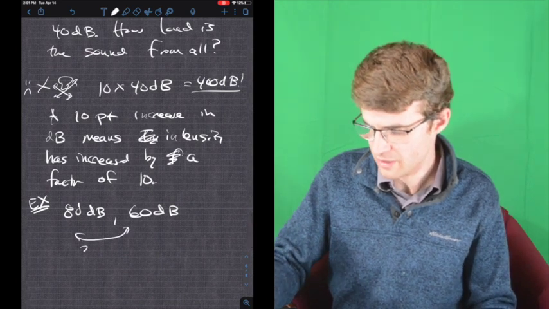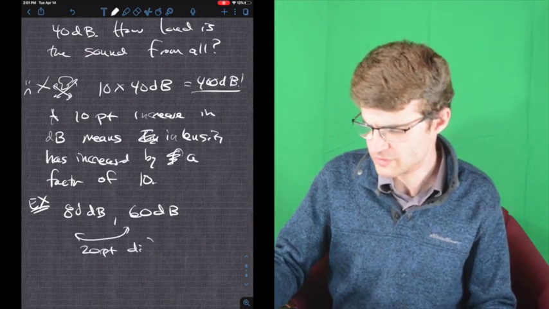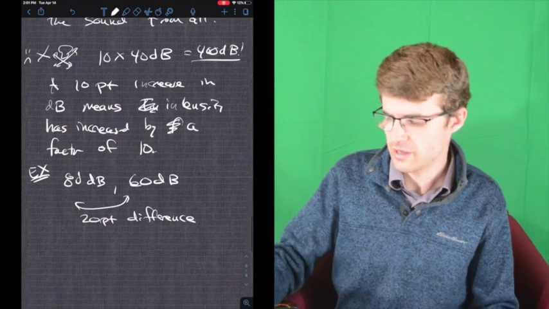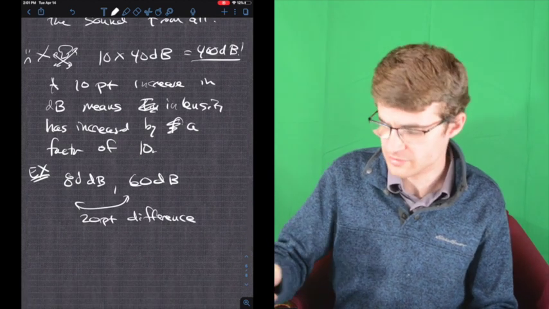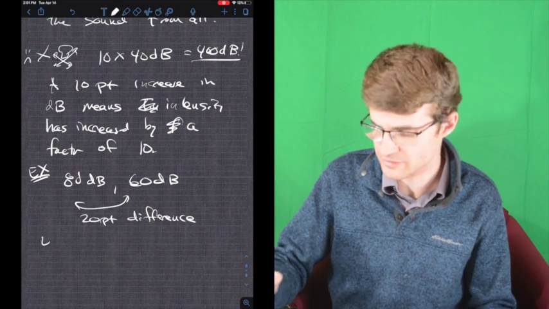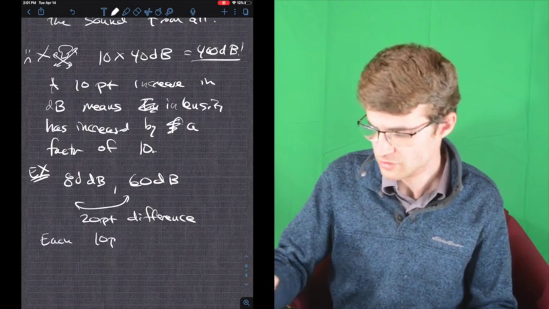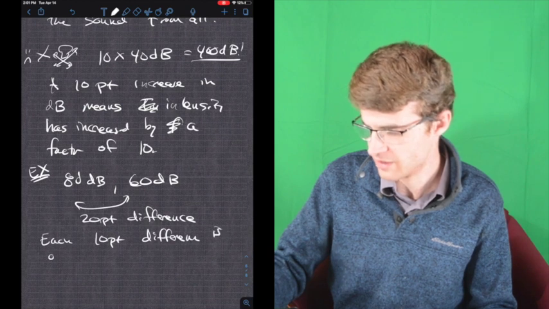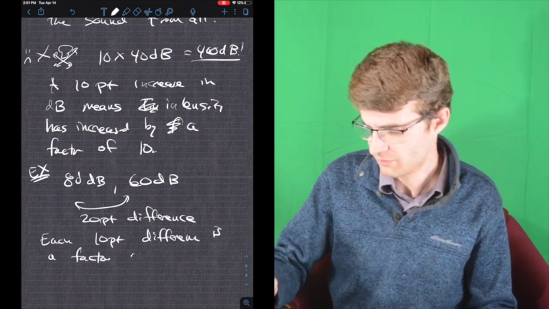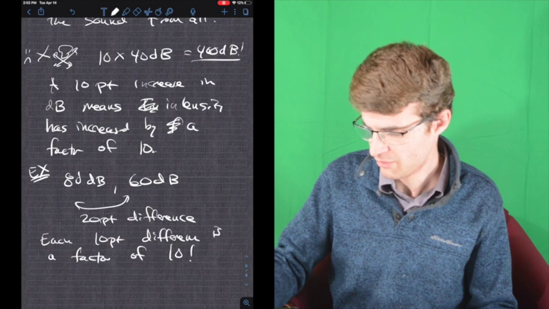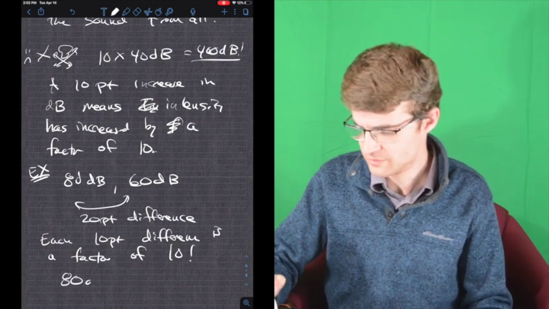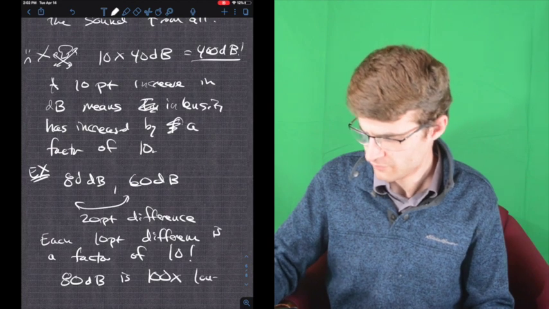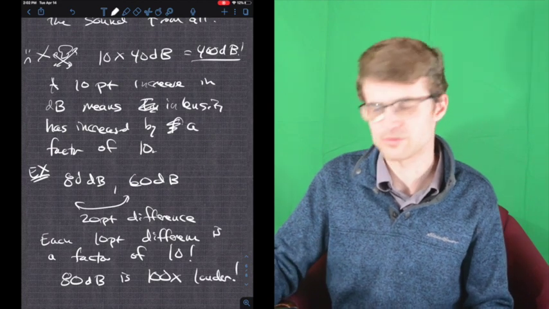Well, there is a 20-point difference between the two of those. A 20-point difference is two 10-point differences. Each 10-point difference is a factor of 10. And so this is 100 times louder than the 60 decibel sound.